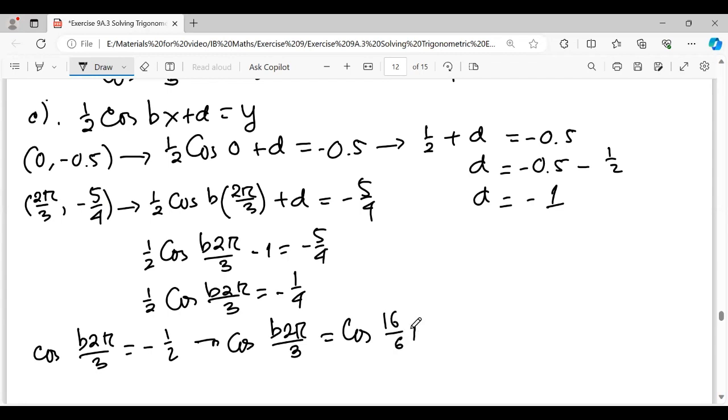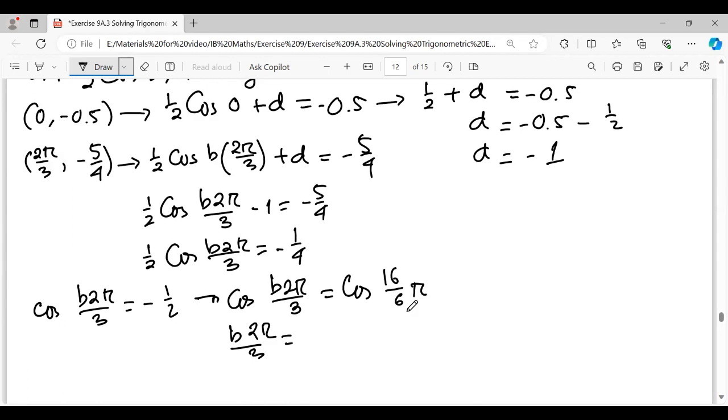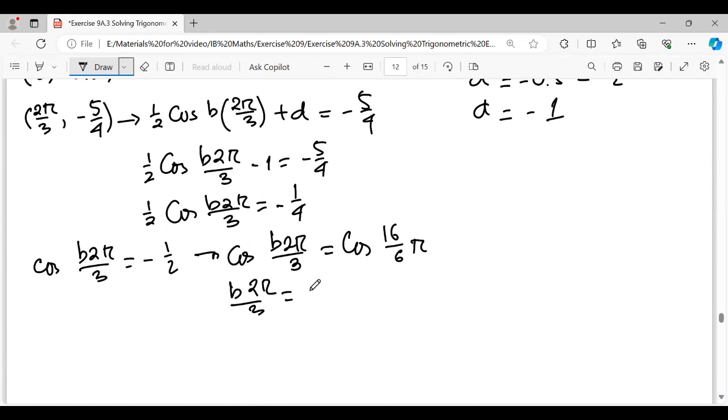Sixteen over 6 pi. So b equals 2 pi over 3. Okay. 16 over 6 pi.